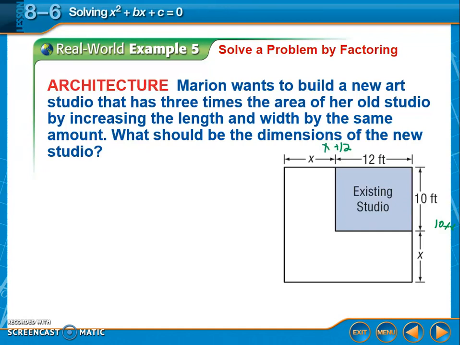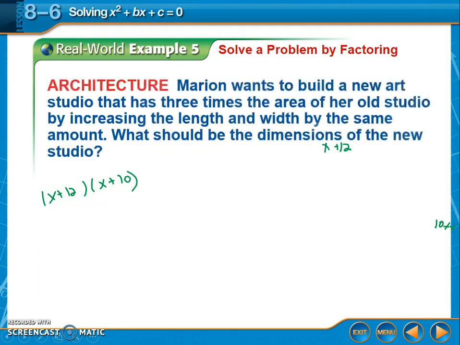What should the dimensions be? So it's going to be x plus 12 times x plus 10, or 10 plus x. And the new art studio has 3 times the area.